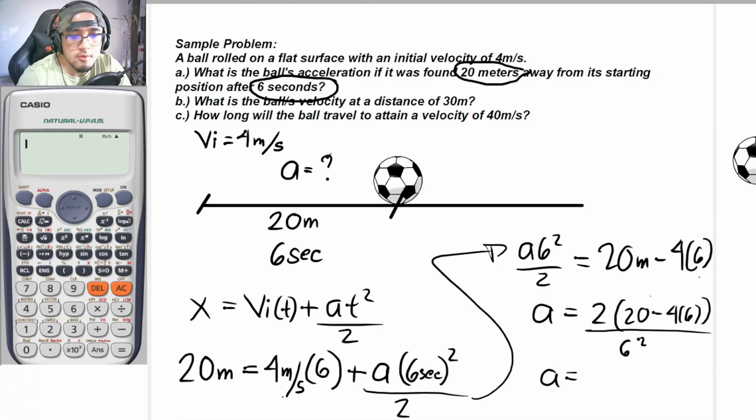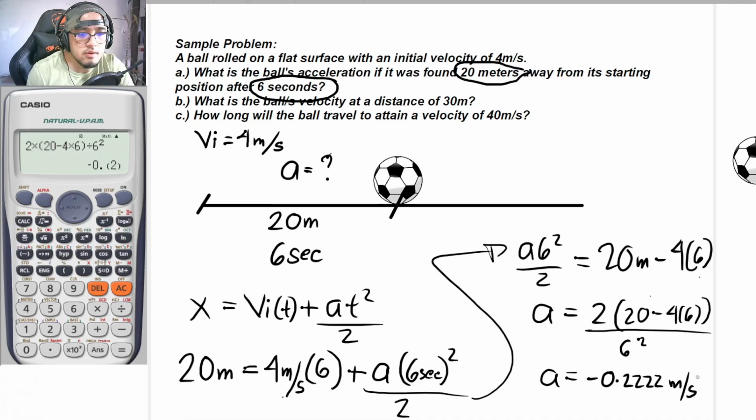Okay, so with that, our answer is 2 times 20 minus 4 times 6 divided by 6 squared, which is negative 0.2222 meters per second squared.